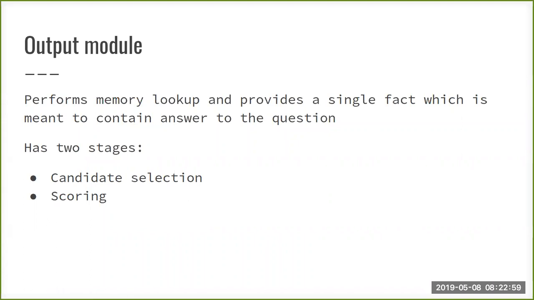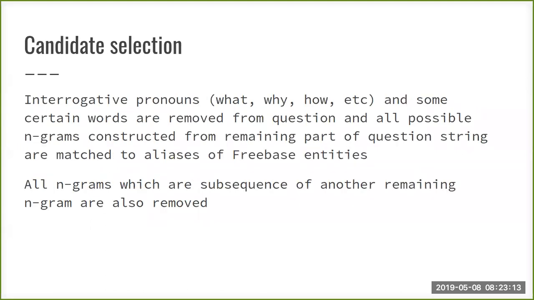has two stages. They don't do the scoring on all the possible combinations. They first find some candidate facts, and then they do scoring on those. The way they find these candidate facts is they take the question, they remove all the interrogative pronouns, such as what, why, how, and so on.